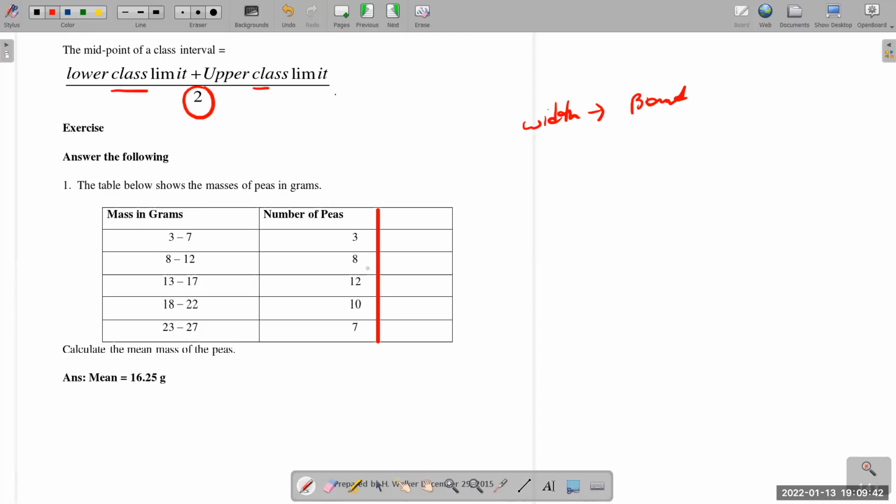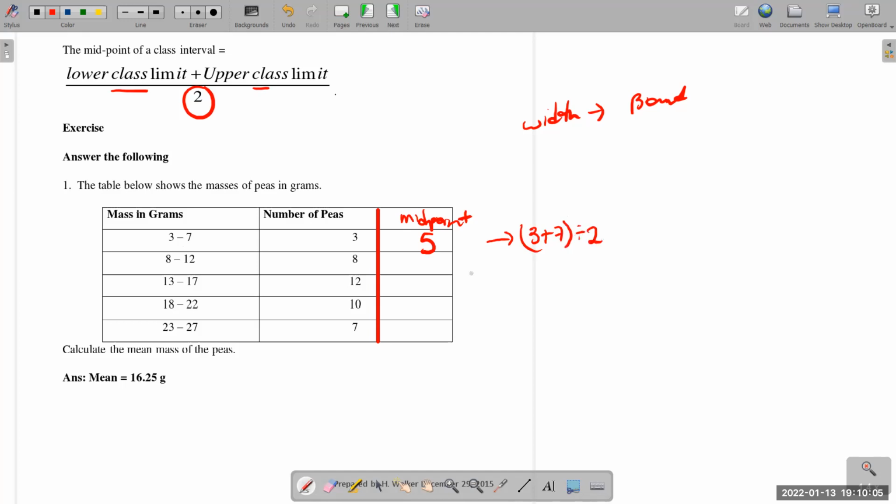So I'm gonna write here, midpoint. Always label whatever you're finding. So midpoint is what? 3 plus 7 is what? 10. So that's going to be 10 divided by 2, which is 5. Because what did we do to find 5? 3 plus 7 divided by 2.